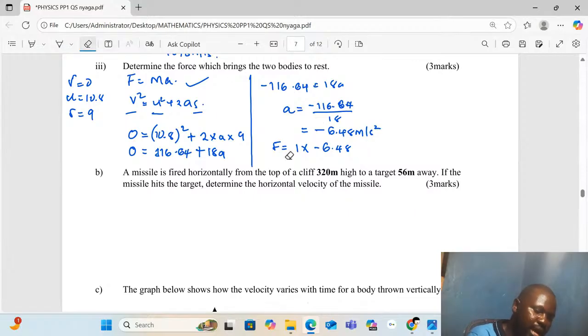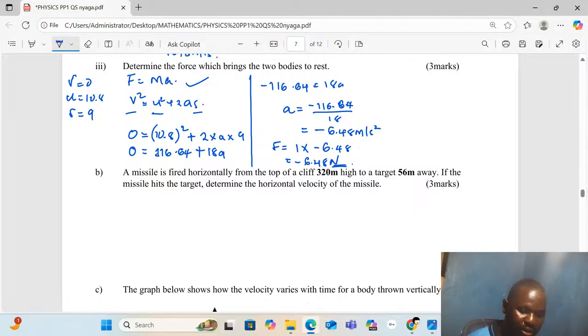The reason why we are still having a negative in this answer is because this is a braking force, or a force that is going to reduce our speed to 0. So it becomes a force of negative 6.48 newtons.